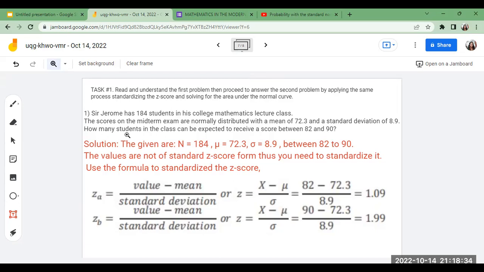And for the value 90, that is 90 minus 72.3 divided by 8.9, that is equal to 1.99. So yun ay standardized form ni 82 and 90. So now we will look for the area between 1.09 and 1.99.